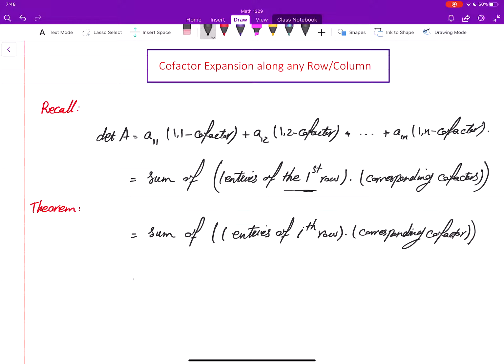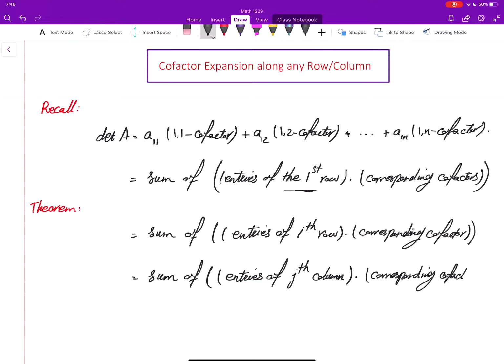And indeed, this can also be done in a different way. You can do the cofactor expansion along a jth column. It means you multiply entries of the jth column by the corresponding cofactors and then add all of them.